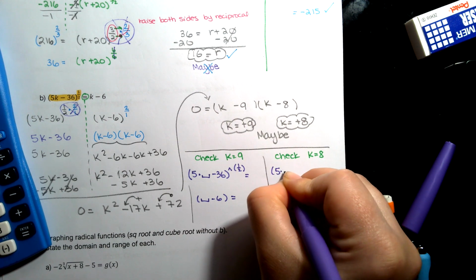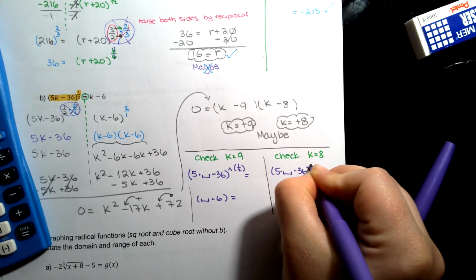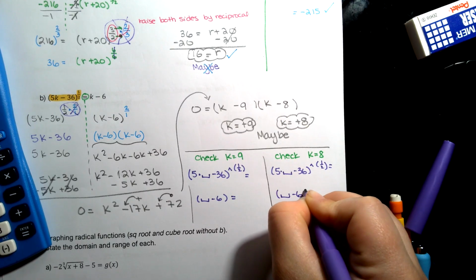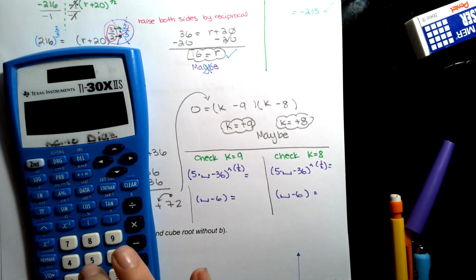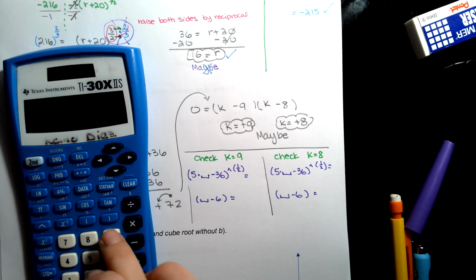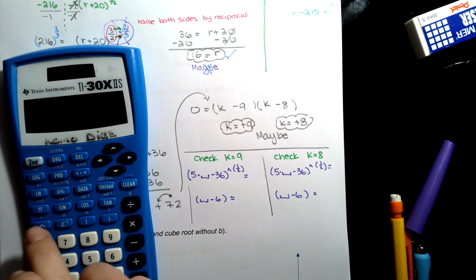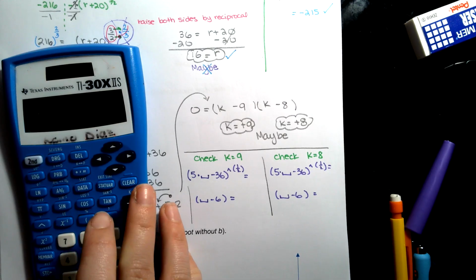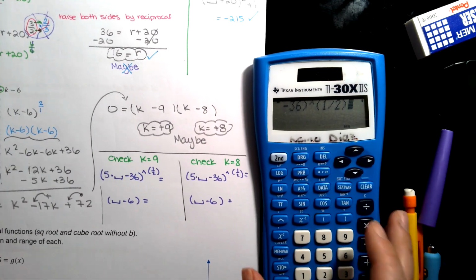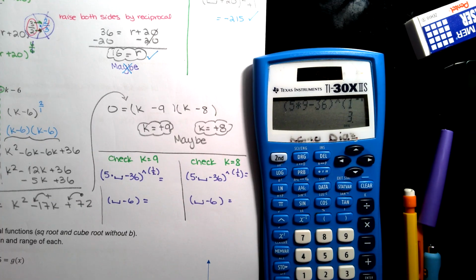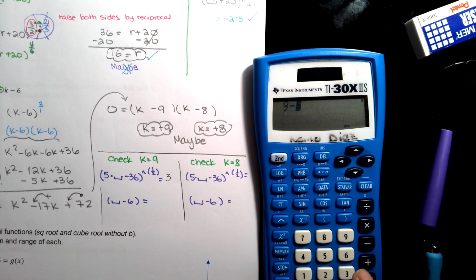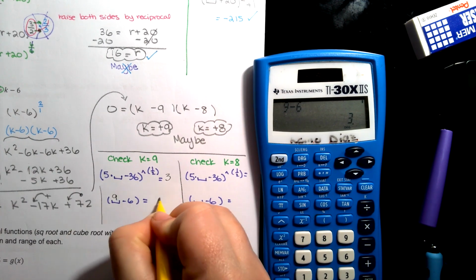Again, here, we're going to do the same thing for 8. Okay, so we're going to do open 5 times 9 minus 36, close it, caret, open 1/2, close it. So I get 3 for this one. So this one needs to be 3 as well. 9 minus 6 is also 3.